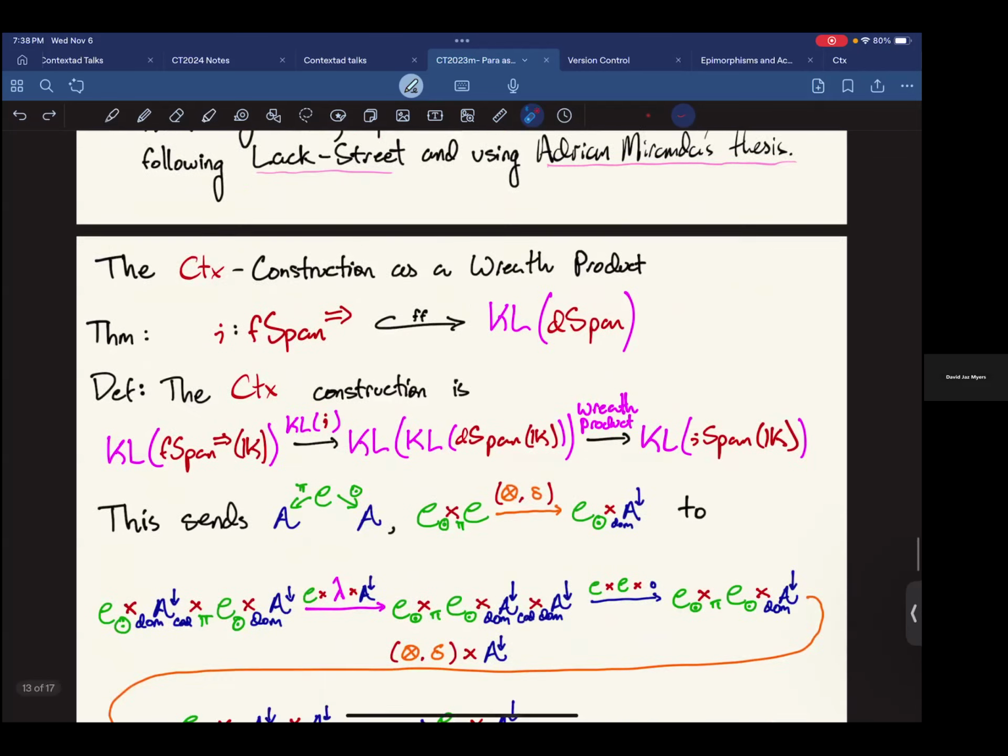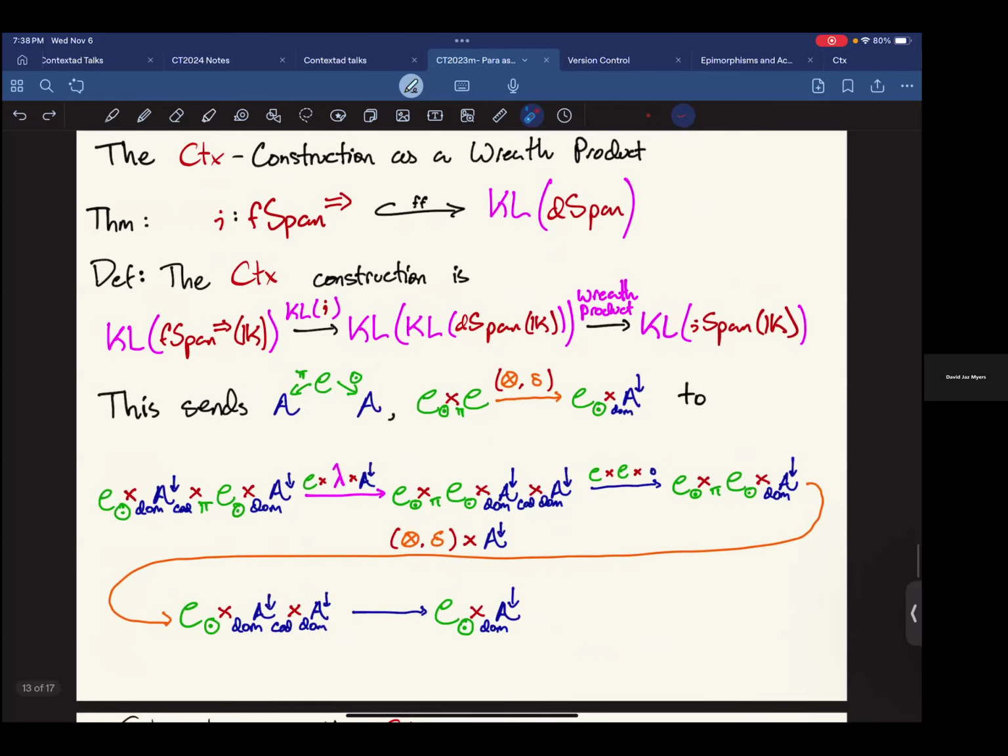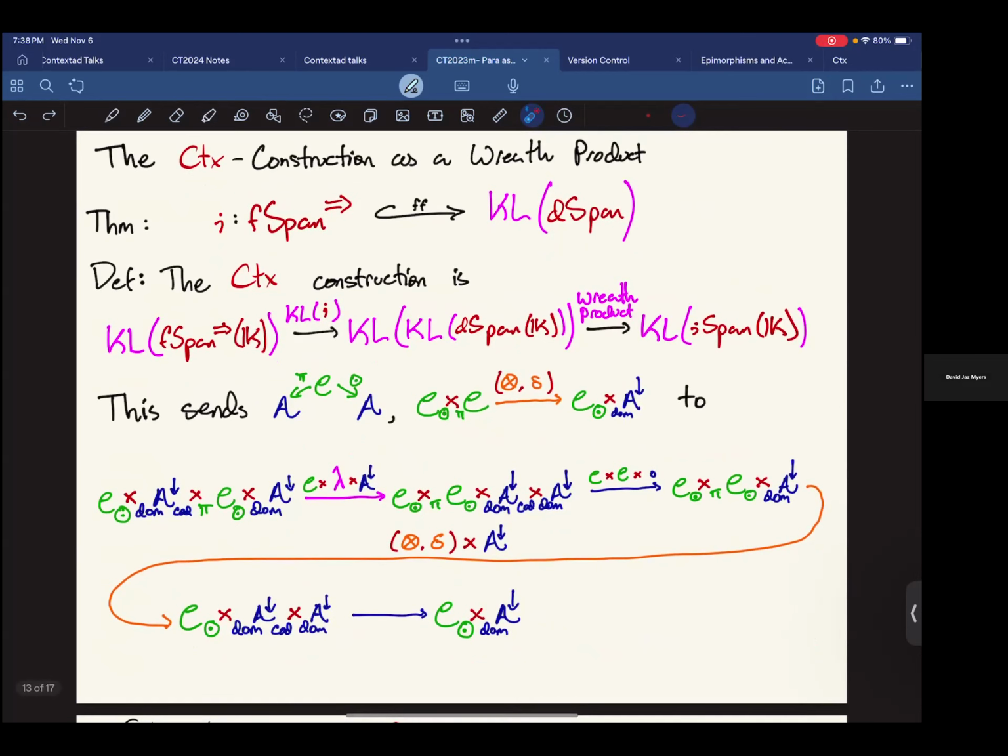Okay. So now what we can do is this really fun thing where, because KL is a free co-completion, it has Kleisli objects. Because KL is a free co-completion, I should circle this one, we can extend any functor into something with Kleisli objects uniquely up to the Kleisli of it.